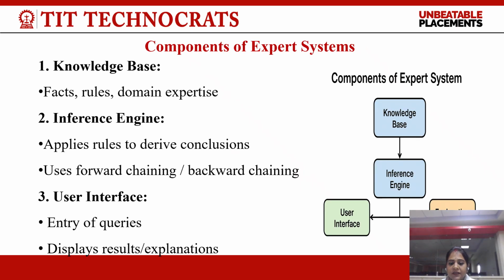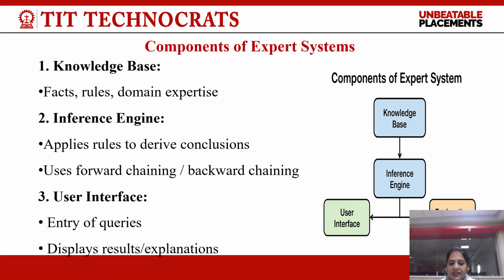Components of expert system. First, knowledge base that works as the brain. Facts, rules, and domain expertise will be present in the knowledge base. Inference engine applies rules to derive conclusions, and it will use forward chaining as well as backward chaining.